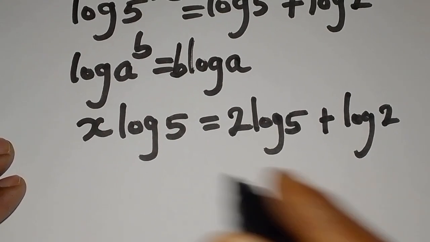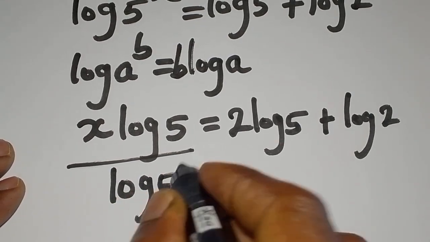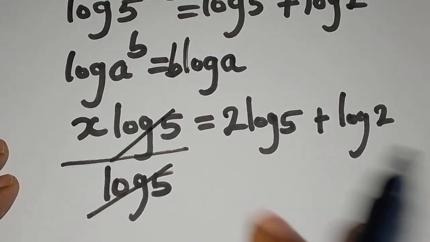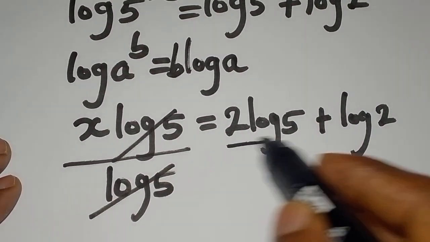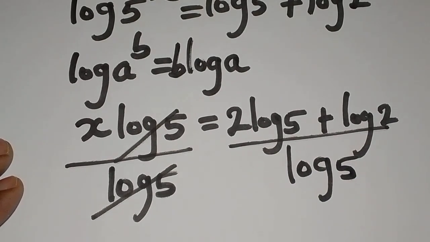Now from here, we divide both sides of the equation by log 5, so that this one can just cancel this one out. The whole of this will be divided by log 5.